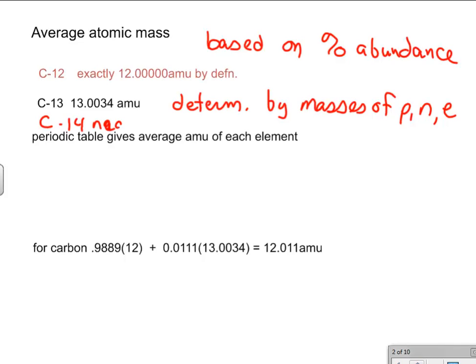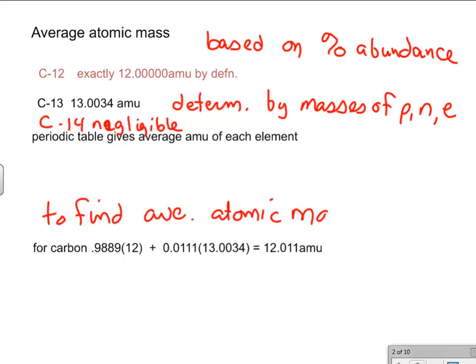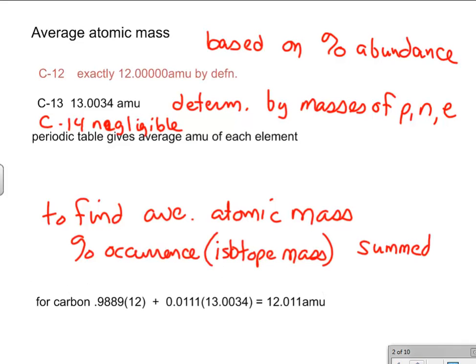The isotope carbon-14 is essentially negligible in nature, so it contributes next to nothing to the average atomic mass for carbon. The periodic table gives us the weighted average of each element, and to find the average, we take the percent abundance of each isotope and multiply it by the atomic mass of that isotope.